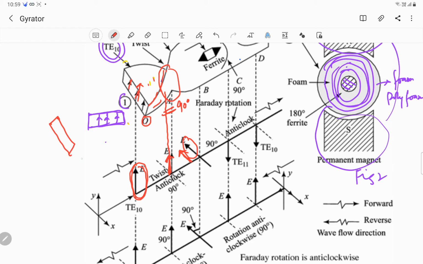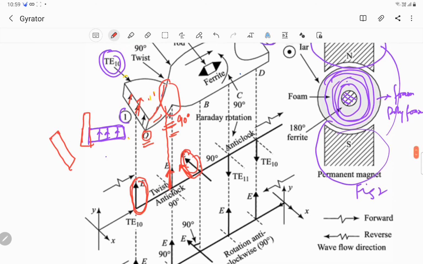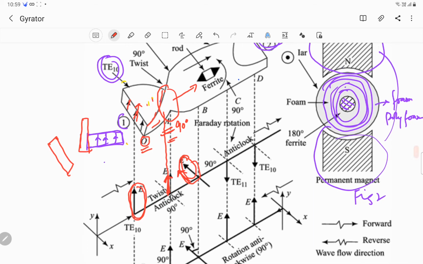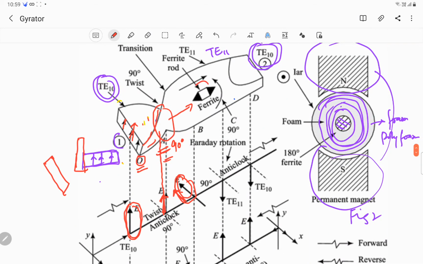But as we move from point O to point A, the cross section becomes vertical. So there is a 90-degree tilt of the electric field vector. After this, the wave reaches the ferrite. When the wave reaches the ferrite, what the ferrite does is it further rotates it by 90 degrees.